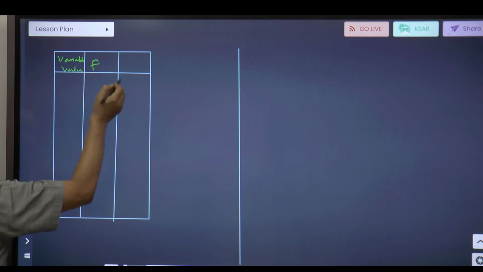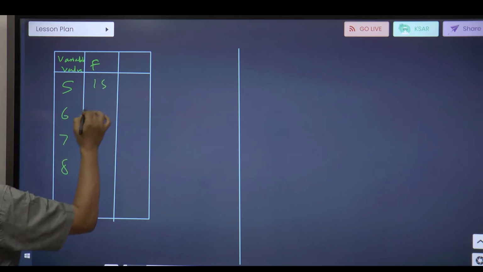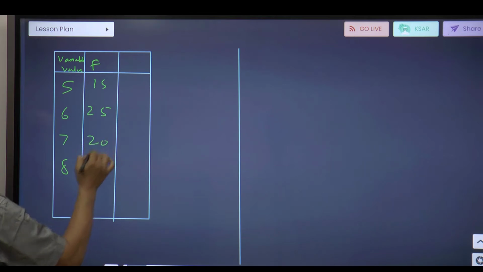So what is given for the variable value? They have given 5, 6, 7, 8. It's a simple question, I am just explaining the procedure. And the frequency is given as 15, 25, 20 and 10.